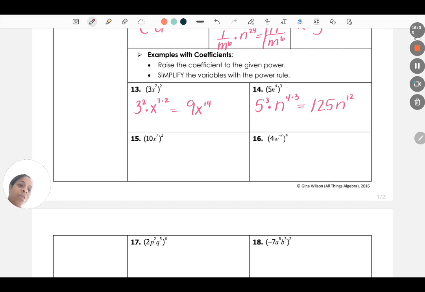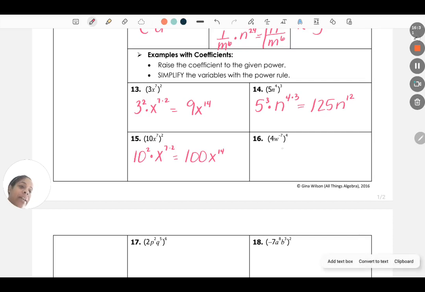Okay, I'm going to do it here with 15 and 16, and then I won't do it anymore. So for 15, we have 10 raised to the 2nd power times x to the 7th, which will multiply the 7 times 2. And that'll give us 10 times 10 is 100. And then x, 7 times 2 is to the 14th power.